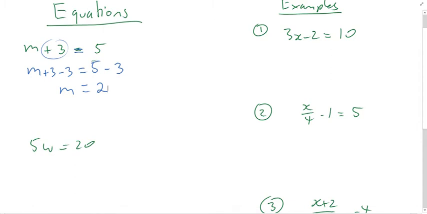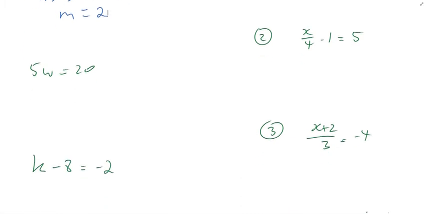And that's your answer. In the same way, I've got 5w, and in the end, I want this thing to be equal to w. So how do I get rid of this 5? Well, the w has been times by 5, and this w here is really the same as 1w.